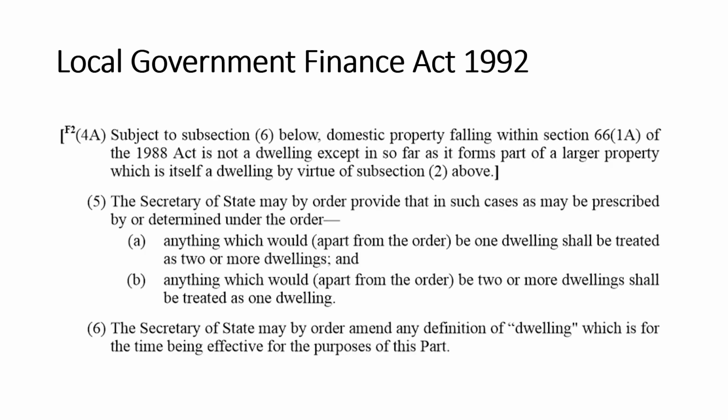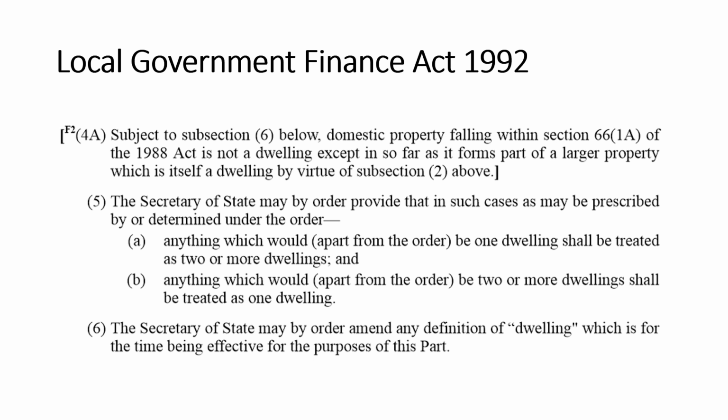Now, this has been modified. That's what you see, the F to F is a revision. Section 4A, subsection 6 below, domestic property, falling within section 66(1)A of the 1988 Act, which we've already gone through, is not a dwelling except so far as it forms part of a larger property, which itself is a dwelling by virtue of subsection 2 above. And then the Secretary of State may provide that such cases may be prescribed or determined under an order.